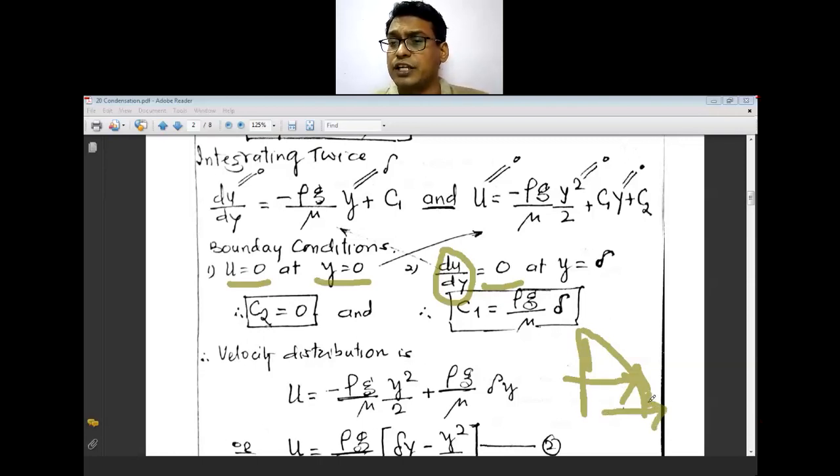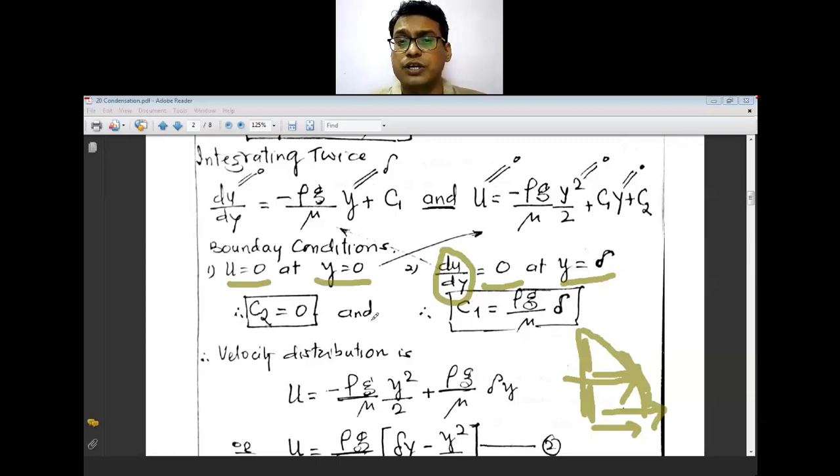There is no gradient in the velocity in this y direction. At this wall the velocity is 0, but the change in velocity in this direction on the outer surface of the film, that is y equals delta, is taken as 0.